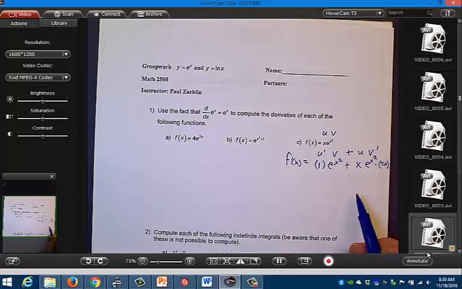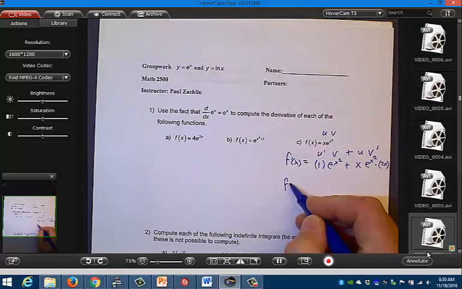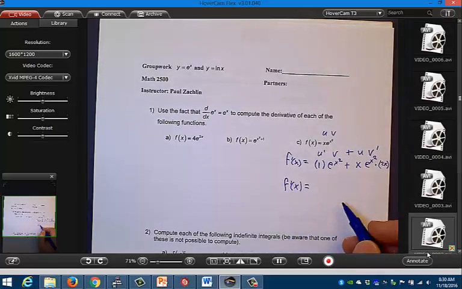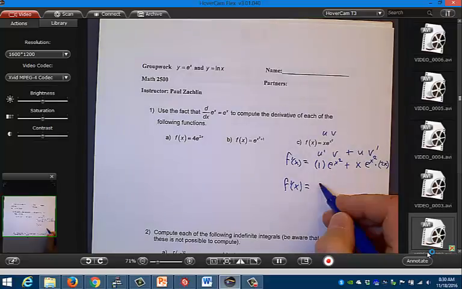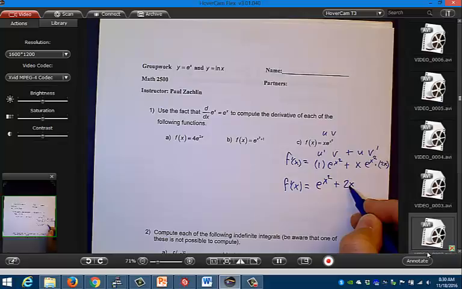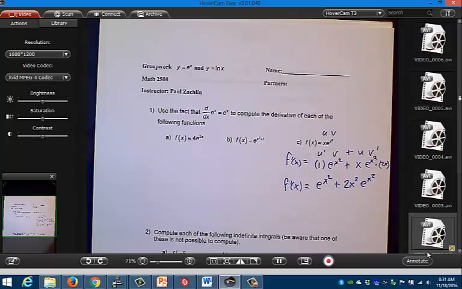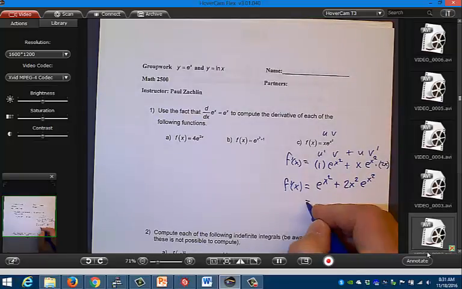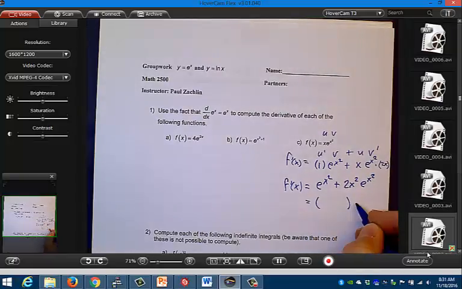You guys with me? Okay, so final answer when I simplify might look like this. It might be e to the x squared plus 2x squared e to the x squared, right? Something like that. I've also seen it written this way sometimes. People will factor out that e to the x squared.